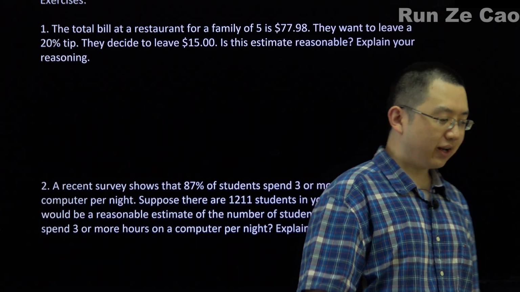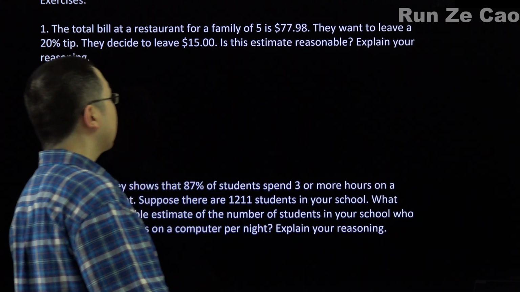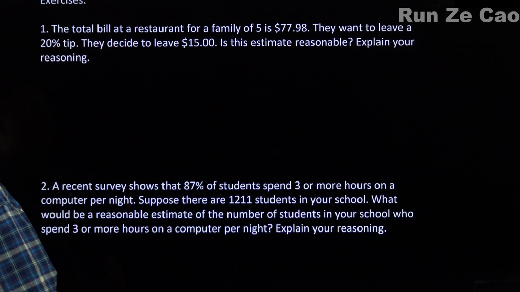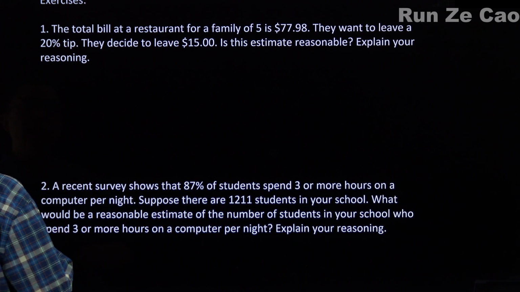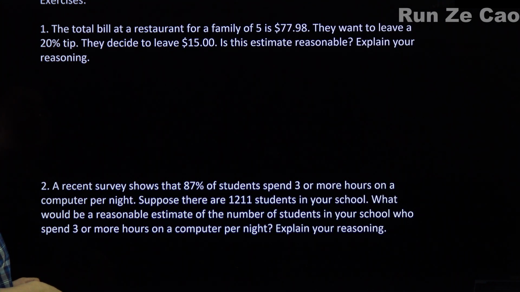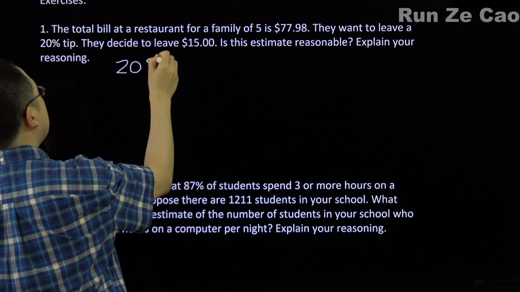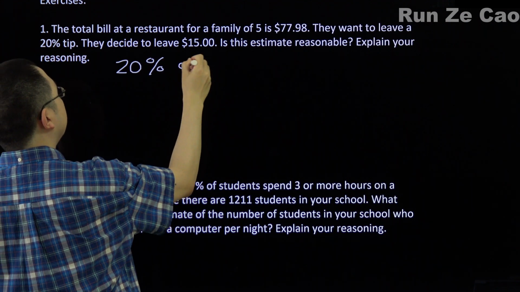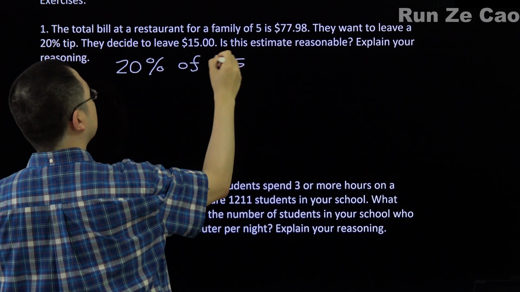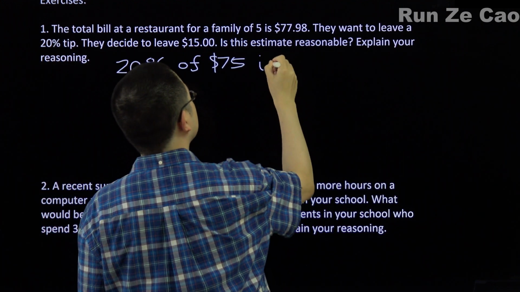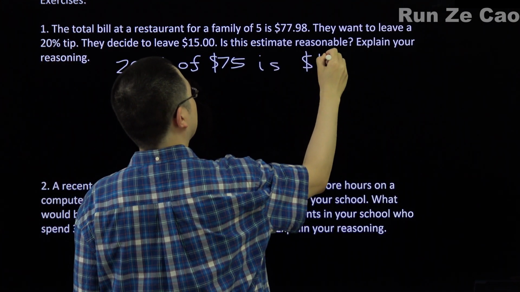Exercises. The total bill at a restaurant for a family of 5 is $77.98. They want to leave a 20% tip. They decide to leave $15. Is this estimate reasonable? Explain your reasoning. 20% of $75 is $15.